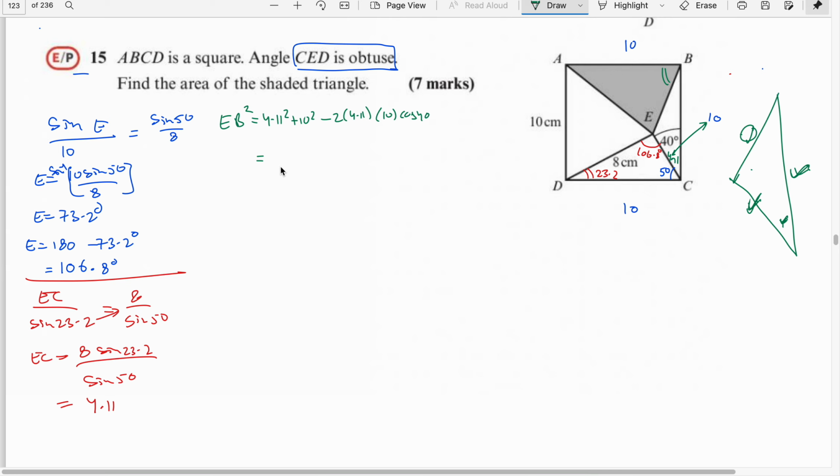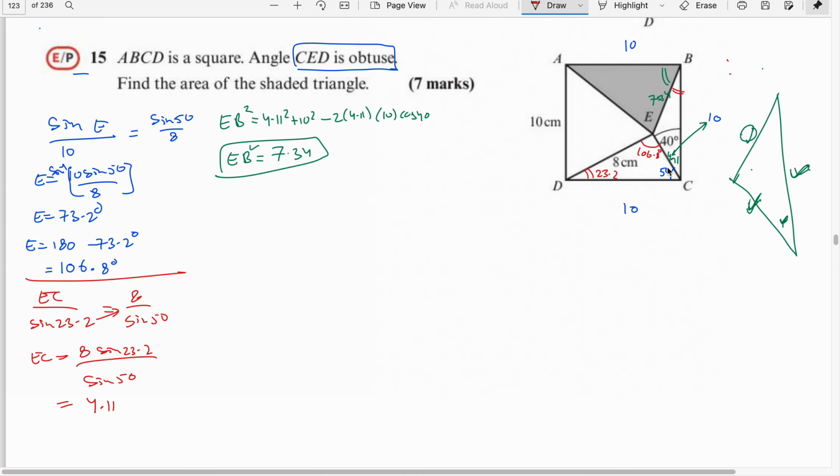So 4.11 squared plus 10 squared minus 2 into 4.11 into 10 into cos of 40, and I get 53.9. Square root of that is 7.34. So EB is 7.34. This length 7.34.